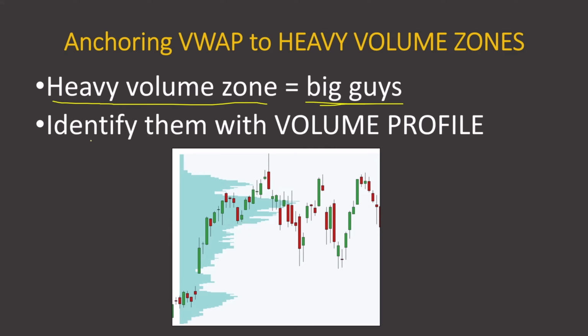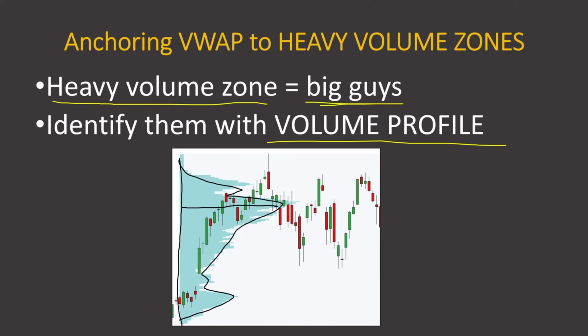We identify those heavy volume zones with volume profile. This is how it can look like. It has many shapes depending on the volume distribution. This is just one of the shapes it can take. The wider the volume profile is, the heavier volumes were traded at that price level.